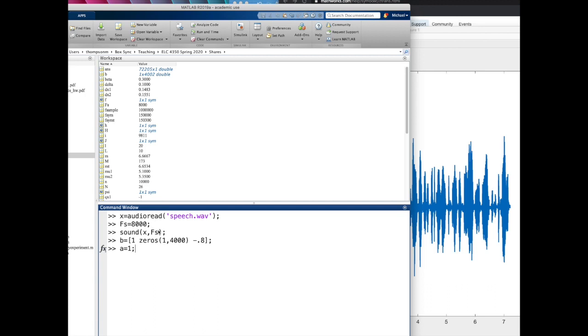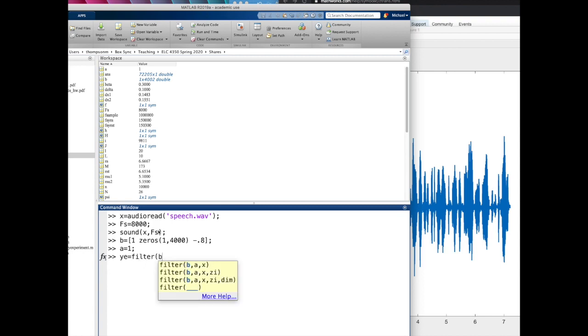And then A is going to be equal to 1. So we have this, I'll call it YD for a delayed version, or YE for echo. YE is going to be filter, and then we put in B first, and then A, and then the signal. Okay, so we can play that.